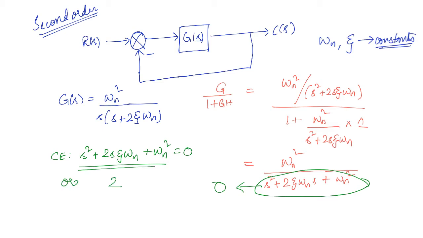So the order of this equation is 2, and that is why it is called a second order system. This second order control system we are going to use often, so it is called the prototype second order system. We will see later on that this form is very useful.